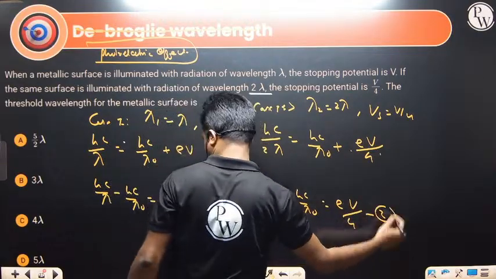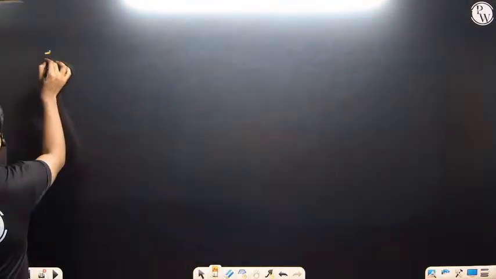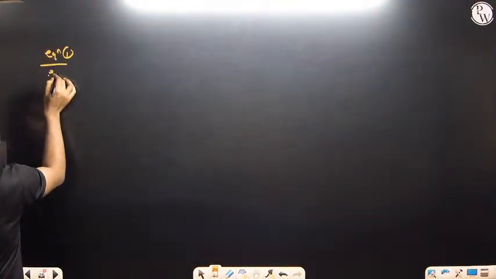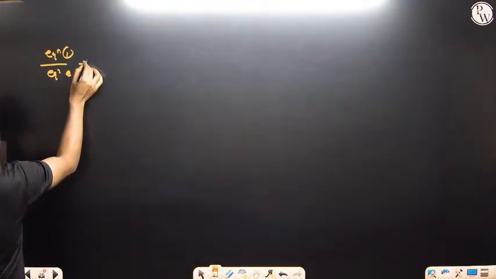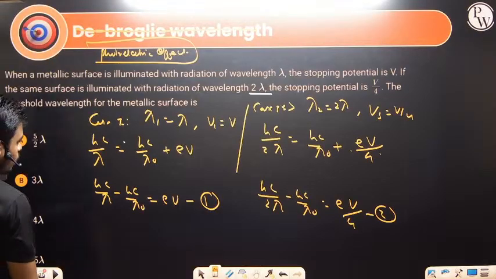Equation 1 by equation 2. Quickly do equation 1 by equation 2. What are we getting from here?